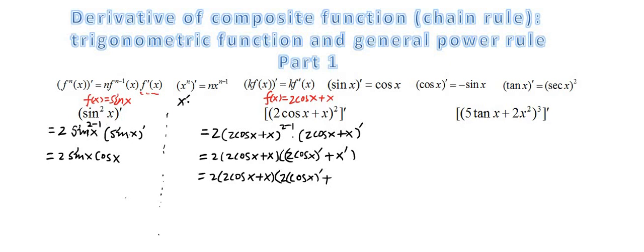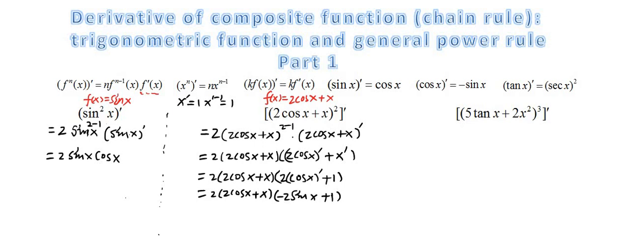So derivative of x, because the exponent is 1, we should have 1 minus 1. x to the power 0 is gonna be 1. So here should be 1. Now we can simplify it and find the answer. Here, the derivative of cosine x equals negative sine x. It's gonna be negative 2 sine x plus 1.